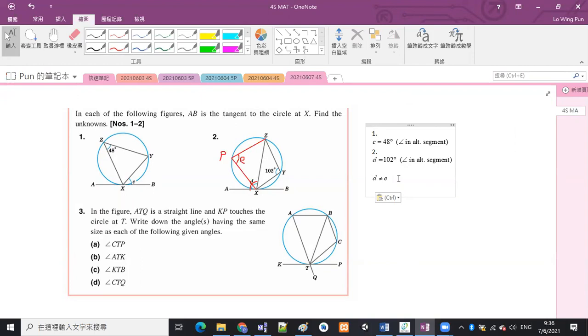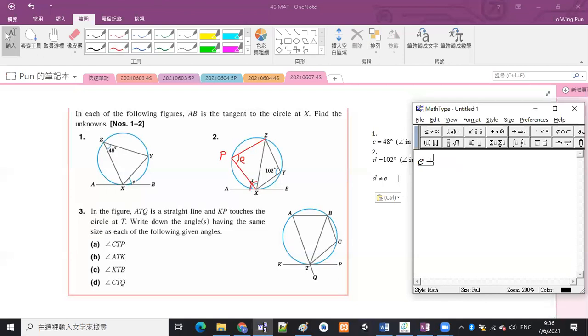But can we calculate E? Yes, we can, because we know PXYZ is a cyclic quadrilateral. So if we have the 102 degrees, then we can calculate the value of E because they are a pair of opposite angles in a cyclic quadrilateral. So E plus 102 degrees is equal to 180 degrees, opposite angles in a cyclic quadrilateral. Okay, so E should be equal to 78 degrees.